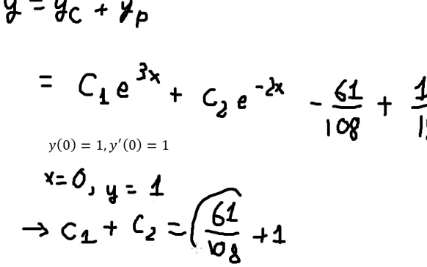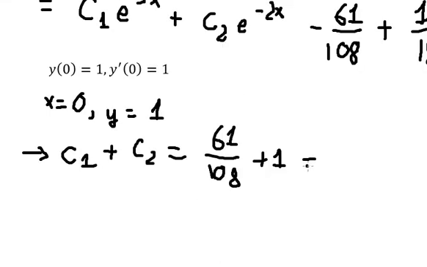That's why we have the positive number in here. Then 1, that's it from here. So we have 169 over 108. So this is equation number 1.